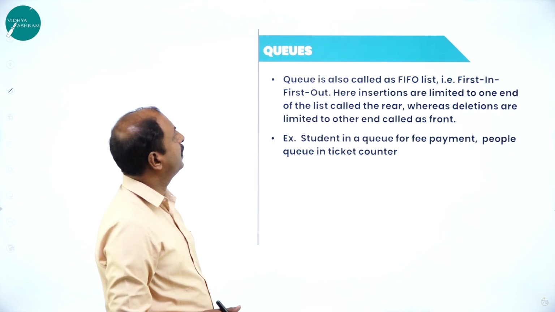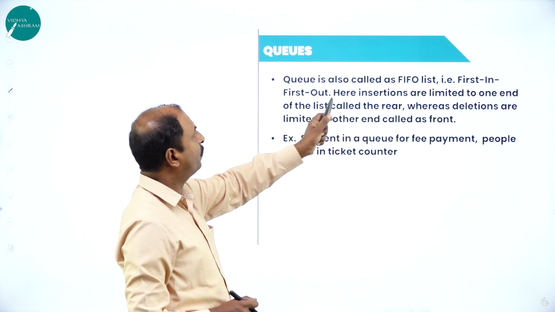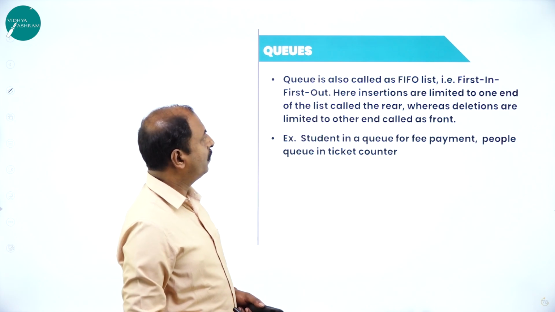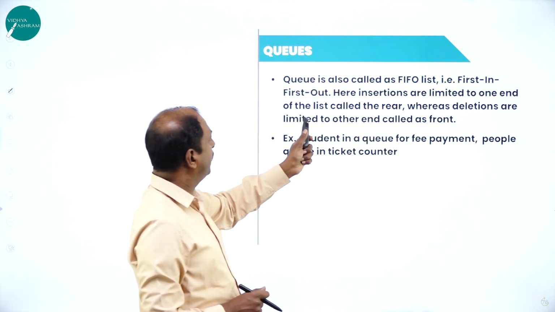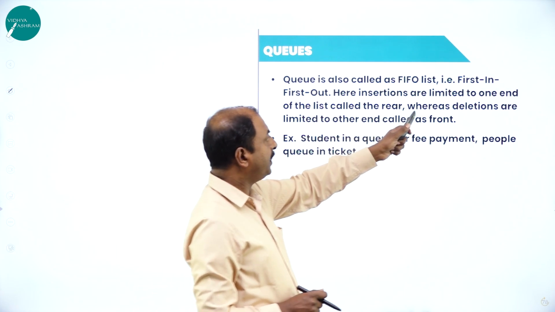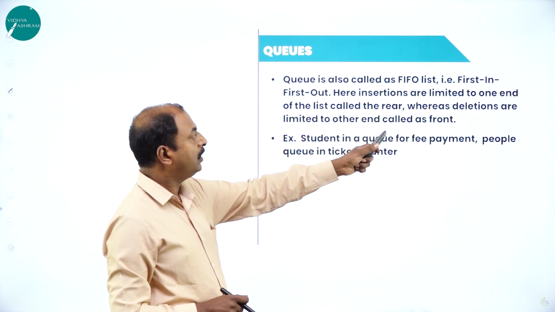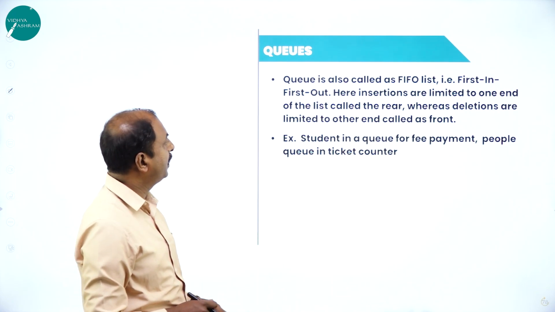Next point is, a queue is also called a FIFO list, that is first in, first out. FIFO stands for first in, first out. Here insertions are limited to one end of the list called the rear end, whereas deletions are limited to the other end called the front end. That's what I have seen in the previous point.